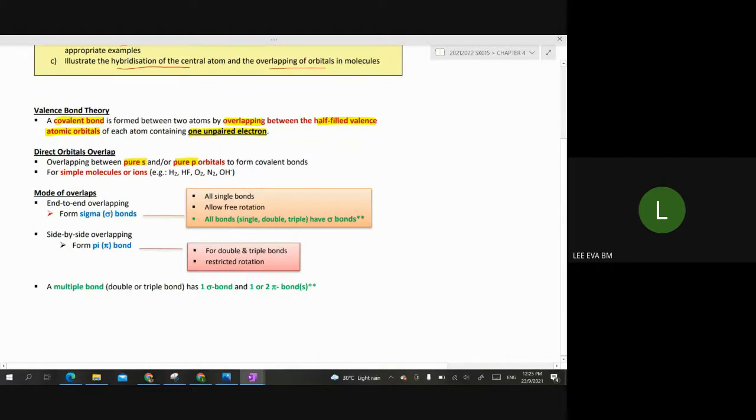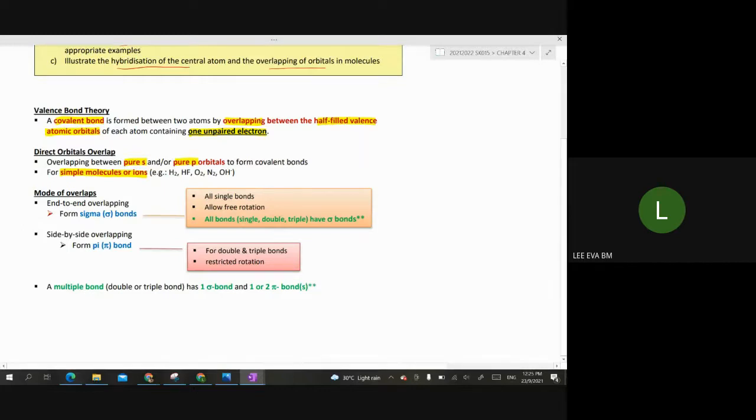And then they usually is for simple molecules or ion. Okay, simple molecules or ion can use the direct orbitals overlap. So for example, over here we got H2, we got HF, O2, N2, OH minus. They are considered as simple molecule or ions.